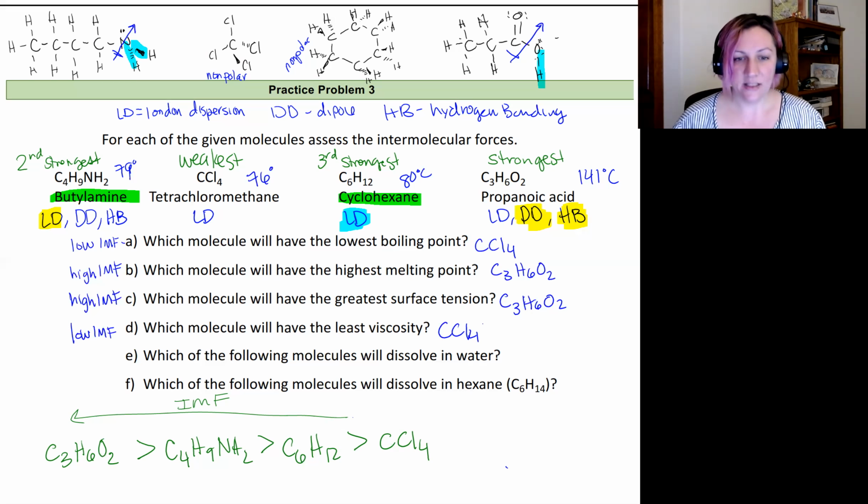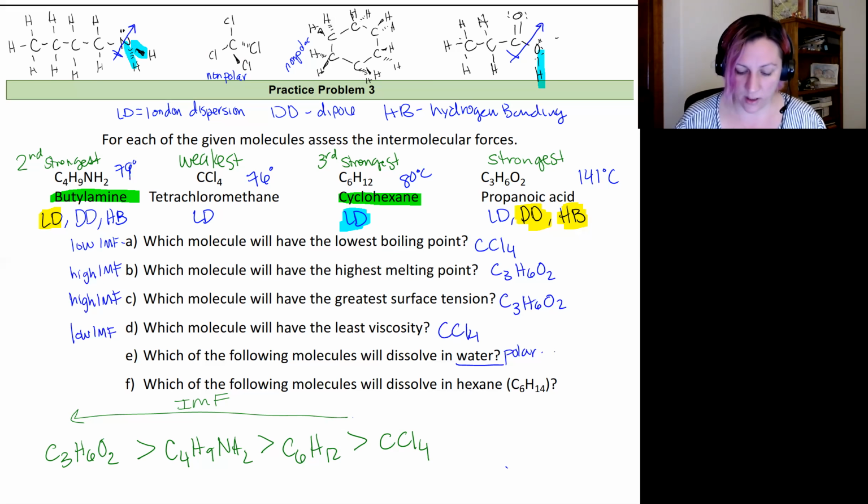Now, these next two are coming back to the idea of like dissolves like. So which molecule will dissolve in water? And water is going to be polar, and it's going to have hydrogen bonding, dipole-dipole interactions, and London dispersion forces. So I'm looking at these molecules and asking which of these will have London dispersion, dipole-dipole, and hydrogen bonding. And that's my butylamine and my propanoic acid.